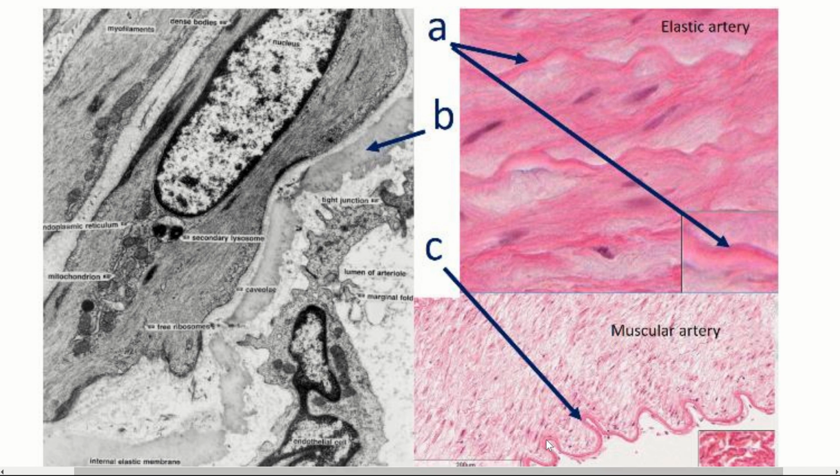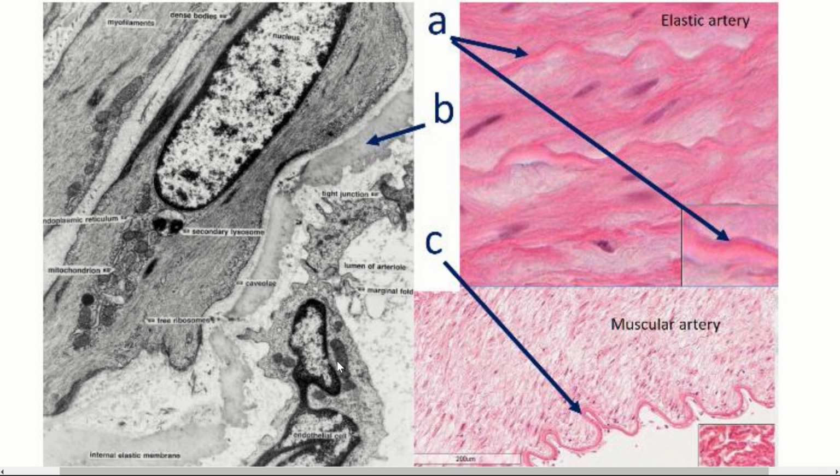That's why this endothelium, the internal elastic membrane, is kind of recoiling down, because it's not being stretched from a pulse yet. So we do still have an elastic lamina in here, or internal elastic membrane. It's all a different name for the same thing.